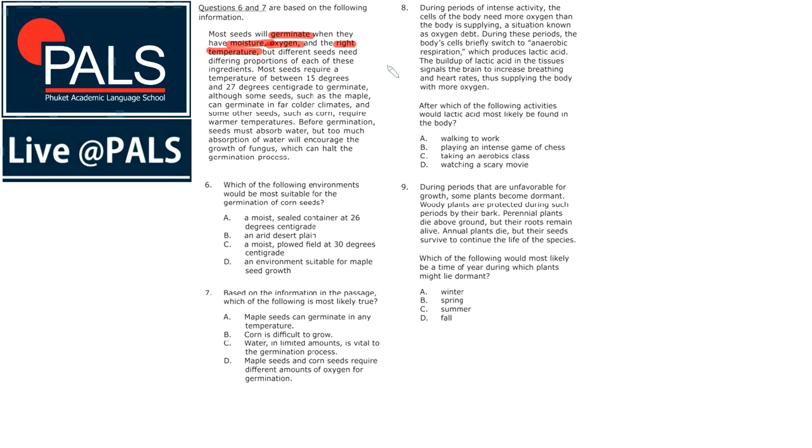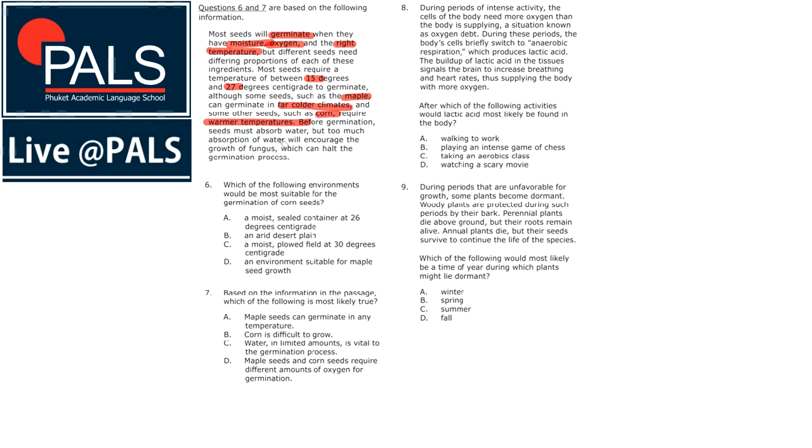Most seeds require a temperature between 15 and 27 degrees Celsius to germinate, although some seeds, such as the maple, can germinate in far colder climates, so below these temperatures. And some other seeds, such as corn, require warmer temperatures. So corn requires warmer temperatures, so above 15 to 27.